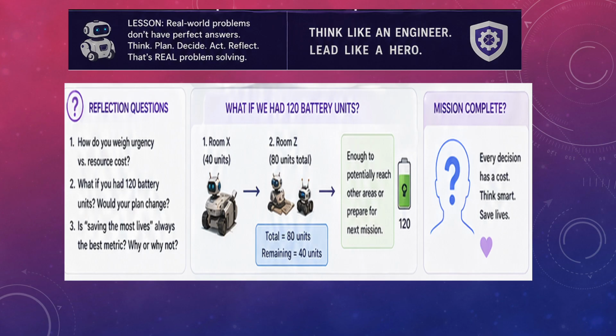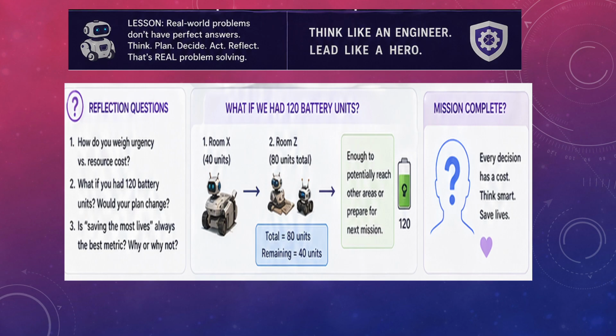This slide gives reflecting questions: what have we learned today, how do we weigh urgency versus resource cost, and how we analyzed the situation where, if the battery life had been 120, our plan could have changed and we could have saved more lives. Also, we understand that always saving the most lives is not the best metric.